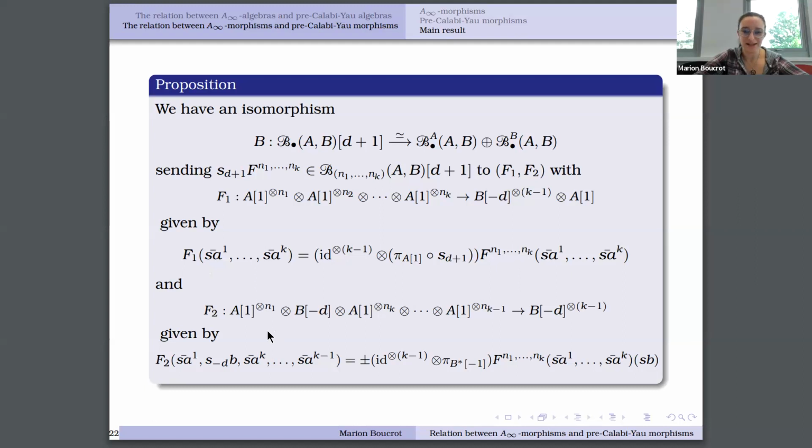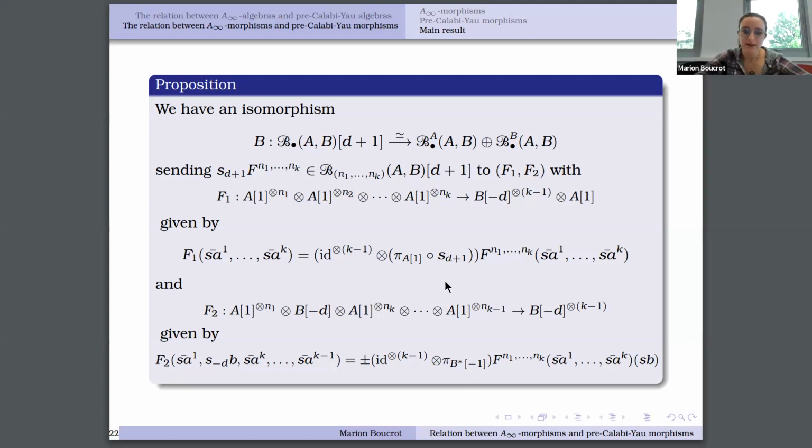The second is as follows. Here F2 has to take as arguments elements of A, an element of B shifted by minus D, and other elements in A. It will be, up to a sign, the same as applying F on all the elements of A, which gives us as before k minus 1 elements of B shifted by minus D that we will leave like this.